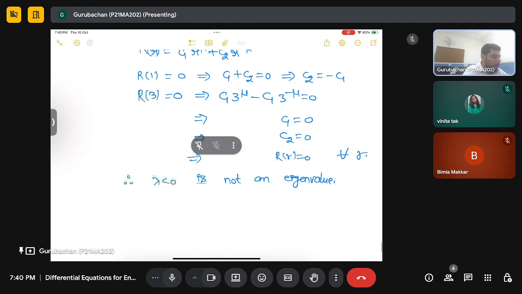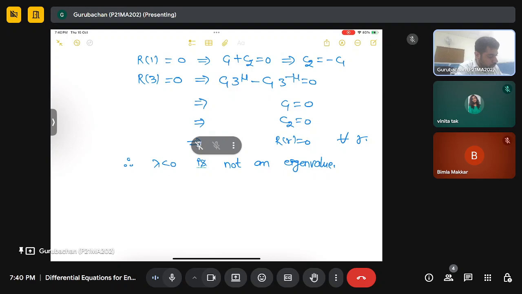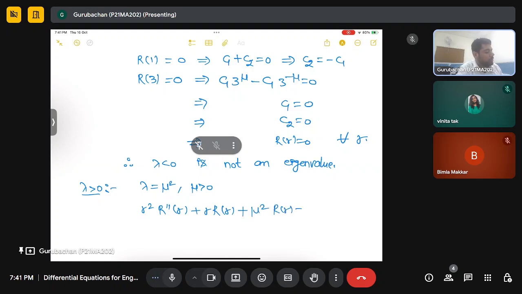Okay, now we have to move for lambda greater than 0. We should consider lambda equal to mu square first. So this will be r square R double dash of r plus mu square R of r is 0.